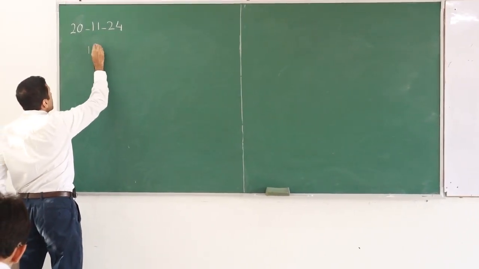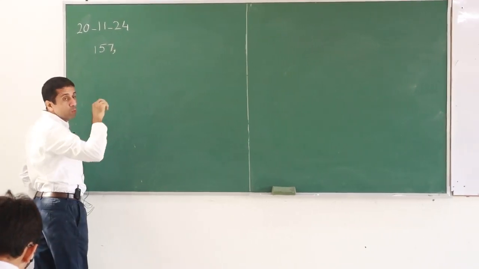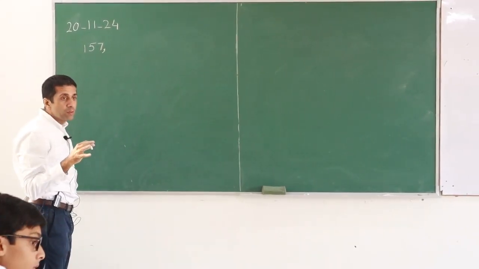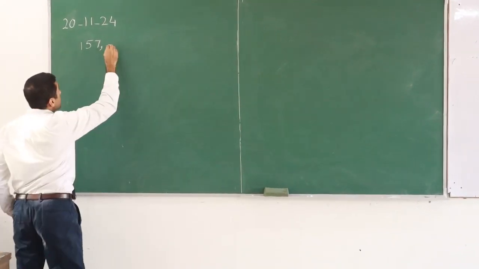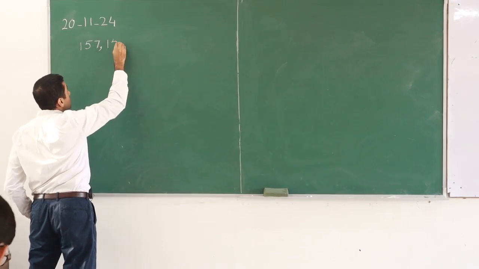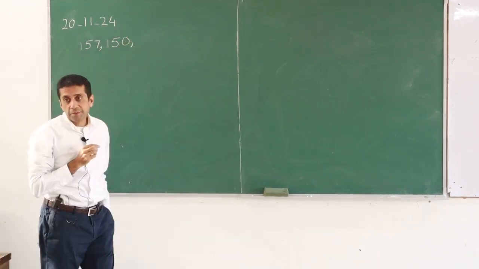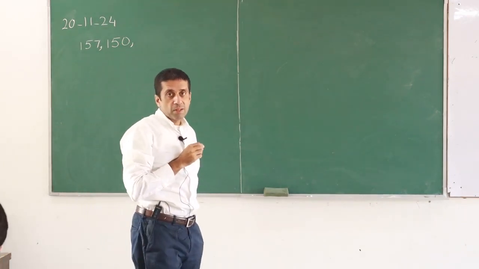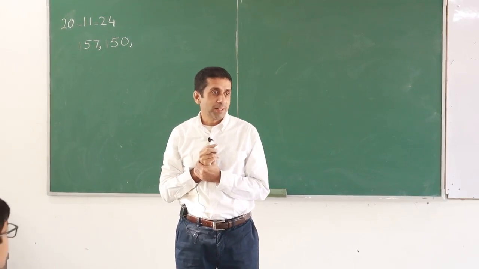I don't understand what to do with problem 150. With which problem? 150. Okay, I'm going to write it down and then we'll worry about things. What is it that you want me to do? 150. Anything else? That's it. Excellent.